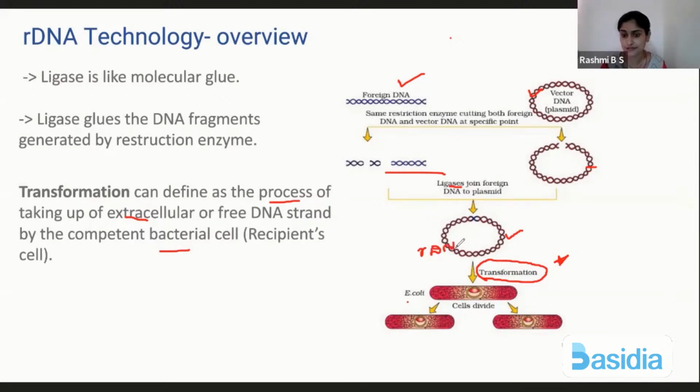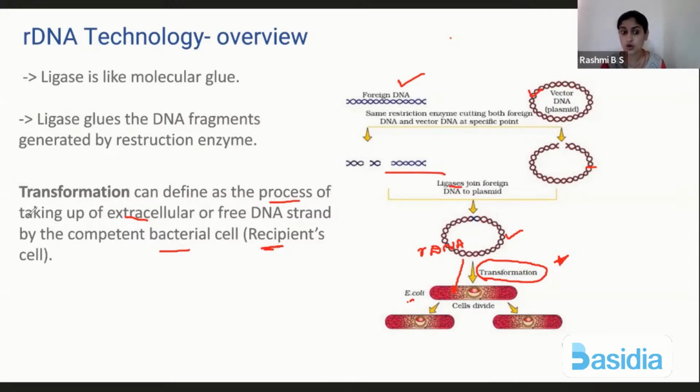It is a foreign material for E. coli. It is not its own. So now I am making this rDNA enter the E. coli cell. So your E. coli cell is uptaking the extracellular DNA. Okay, this process is called transformation, and the cell which takes this foreign DNA is called the recipient cell.